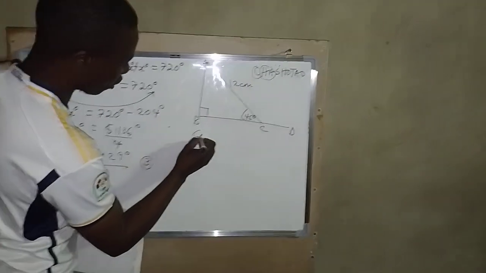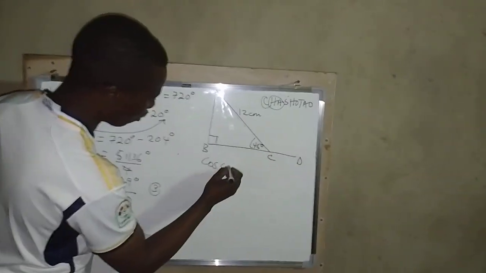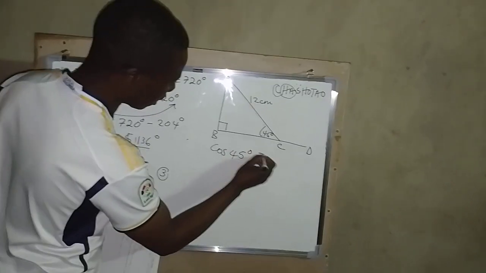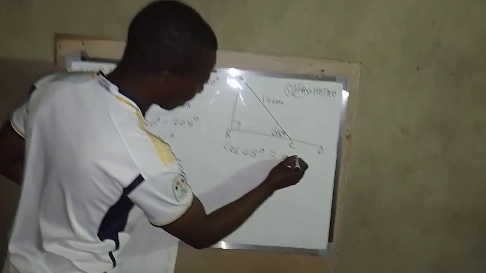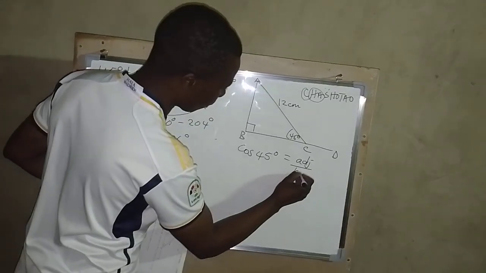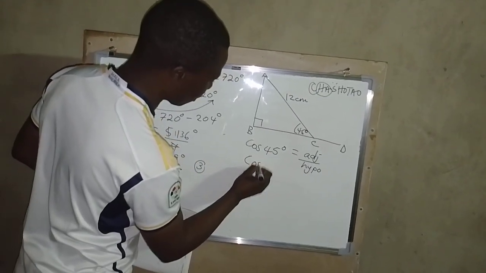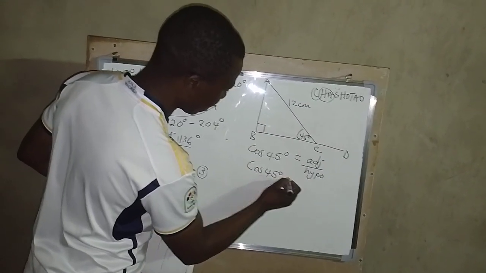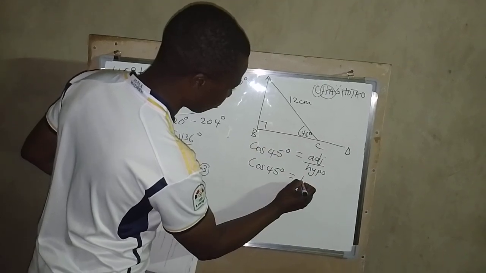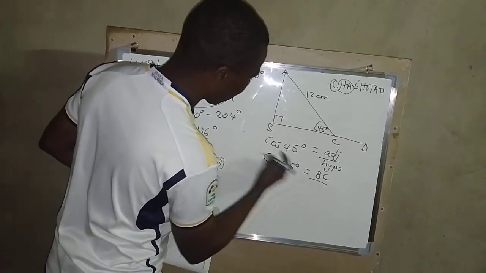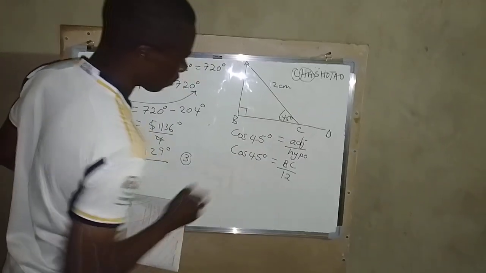So for BC we are now saying cos this angle, cos 45 degrees, is equal to adjacent over hypotenuse. So this now becomes cos 45 degrees is equal to adjacent, that's BC, over hypotenuse 12.